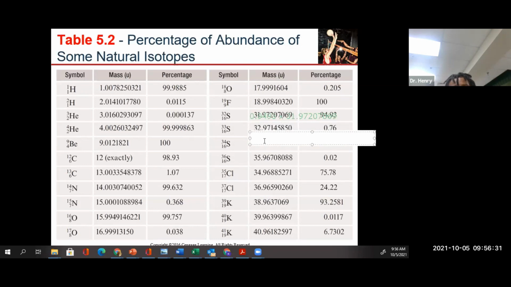This guy is going to be 0.0076 times 32.97145850.